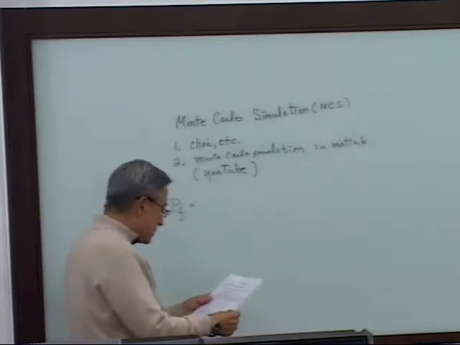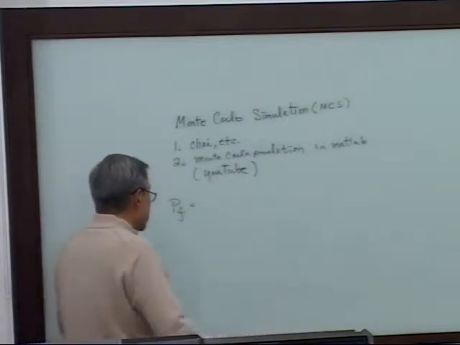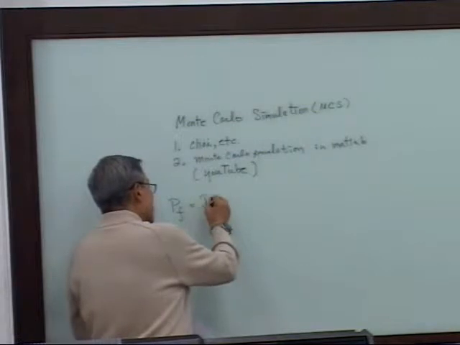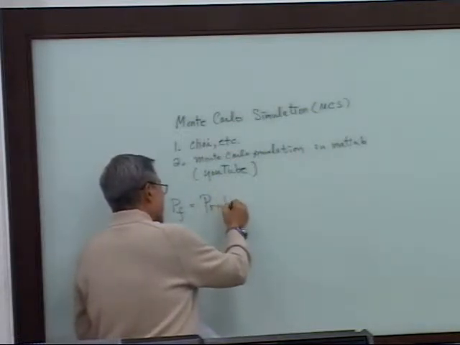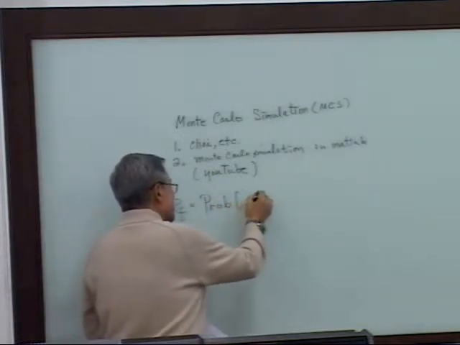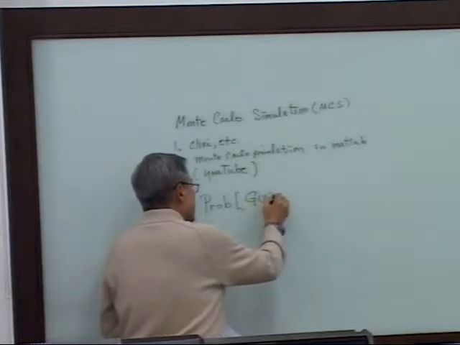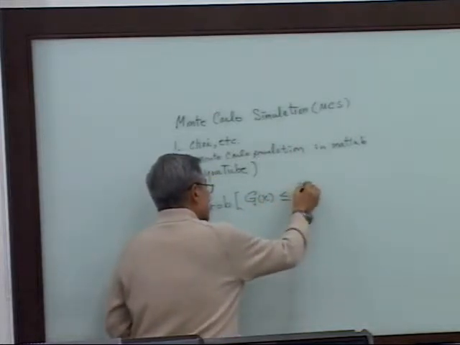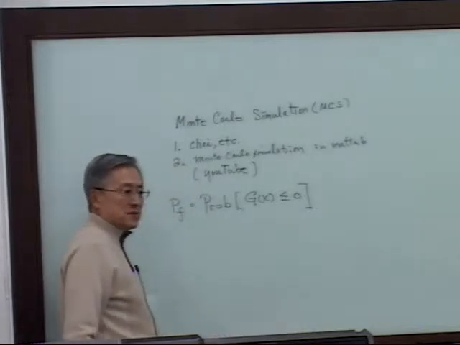And the probability of failure, as we quickly look at it, our concern is the probability that g(x) is less than or equal to 0 again.